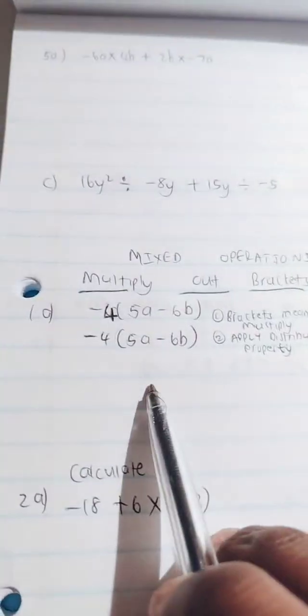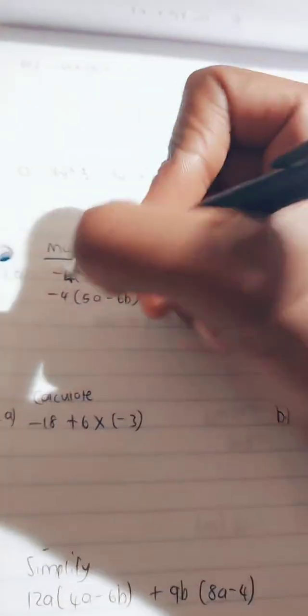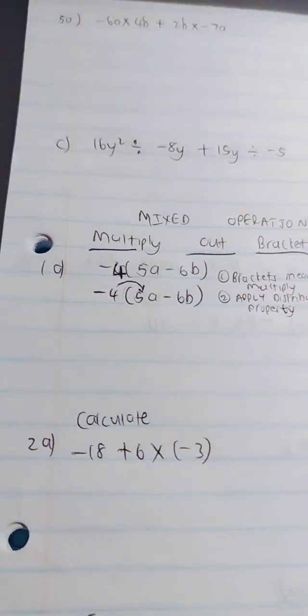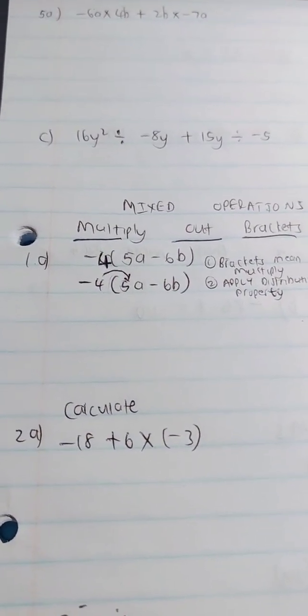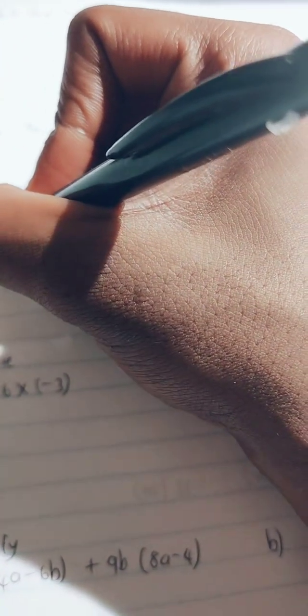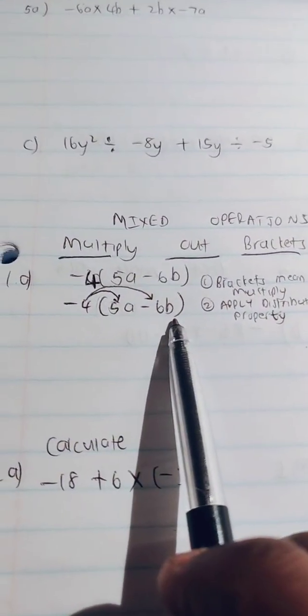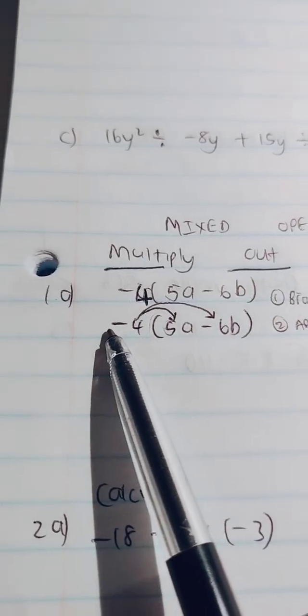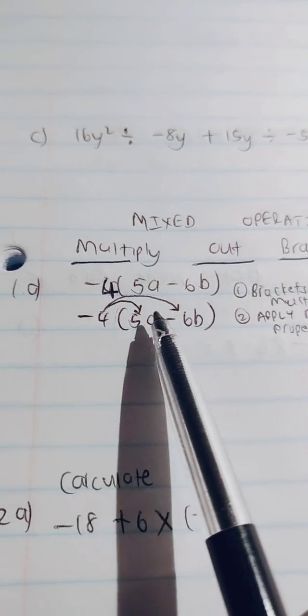In other words, this -4 is going to be distributed to the 5a, and then the same -4 is going to be distributed to -6b. So what we then say here is that a negative times a positive.